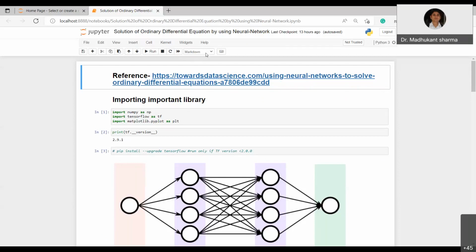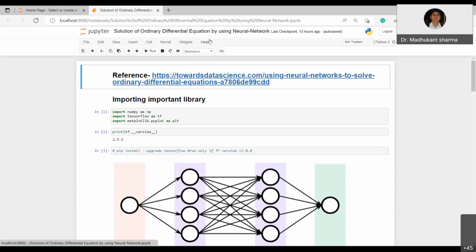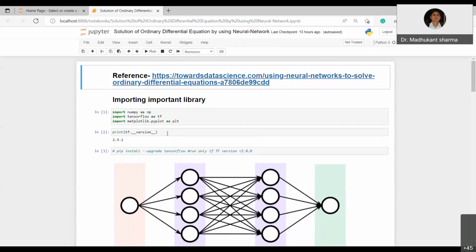Thank you, sir. Good afternoon, all of you. Recently, we have studied the artificial neural network and how we can define a loss function. Now I am going to implement one tutorial.